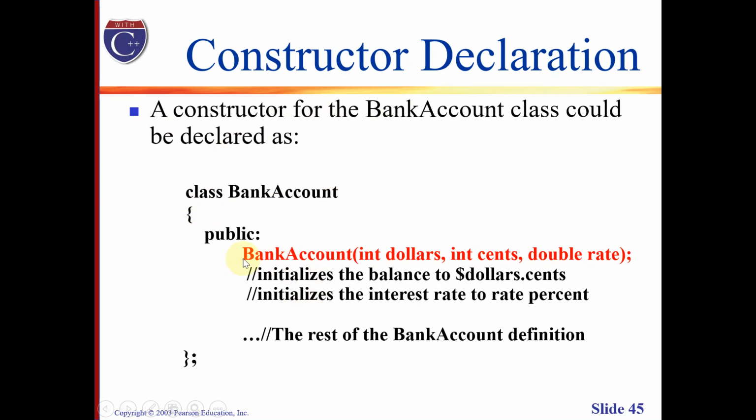And in this case, we are declaring our constructor. As you can see here, it is declared as a public function, and it also indicates the arguments that are required. In this case, these arguments will be used to initialize the member variables of our object bank account.